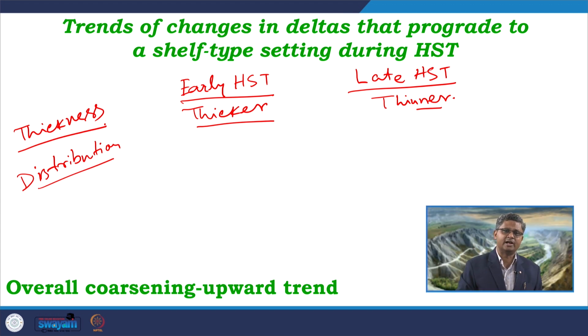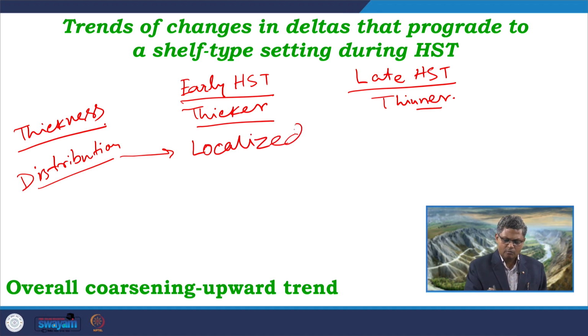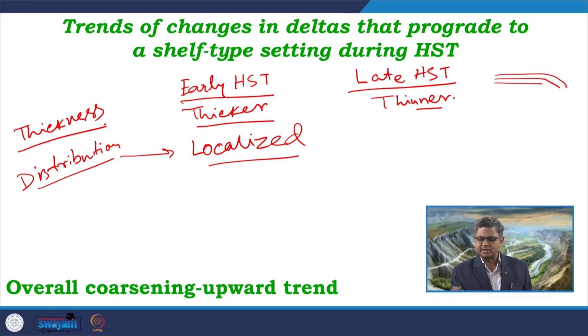In this scenario, the distribution of the delta system will be much smaller and more localized, because it will be confined in a small area like this. So, it will be a smaller delta.